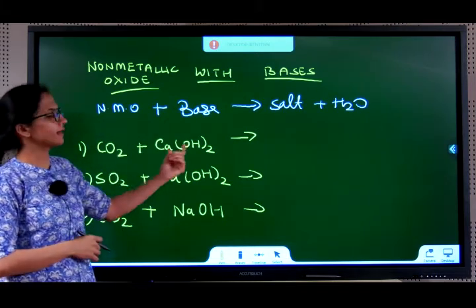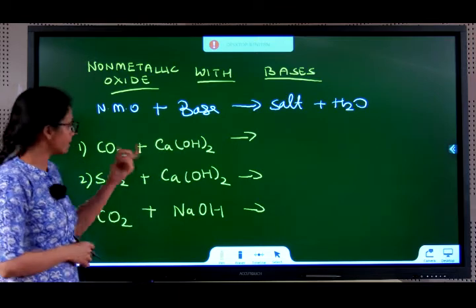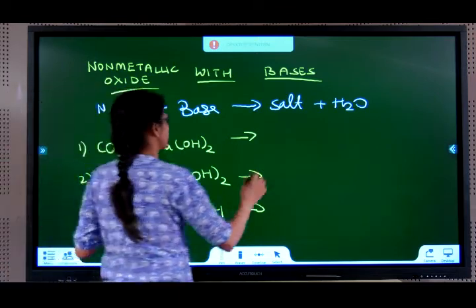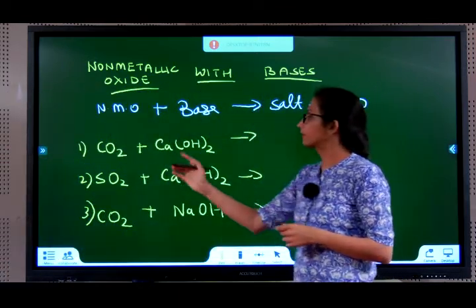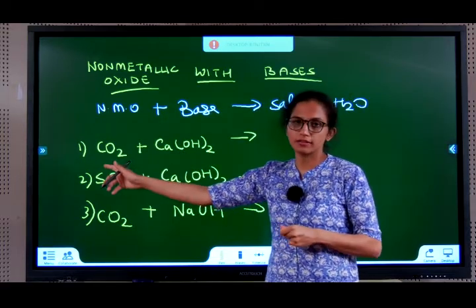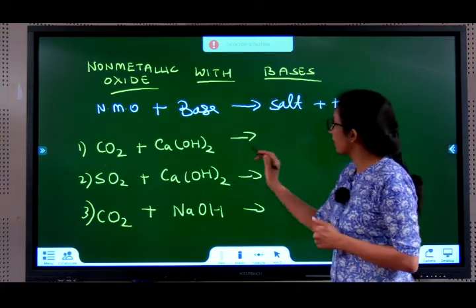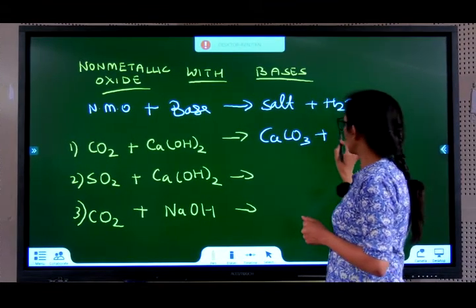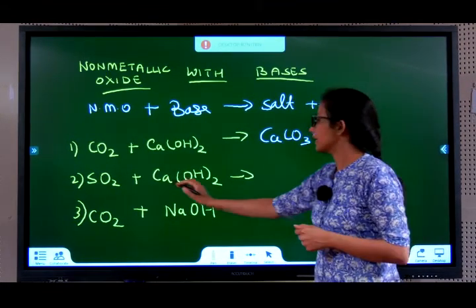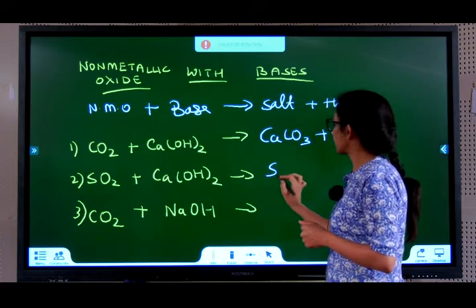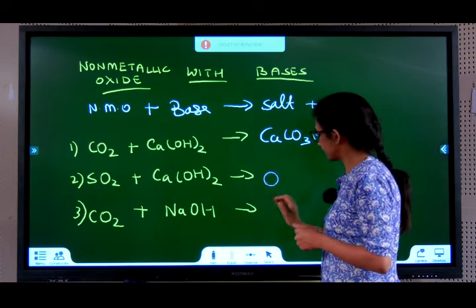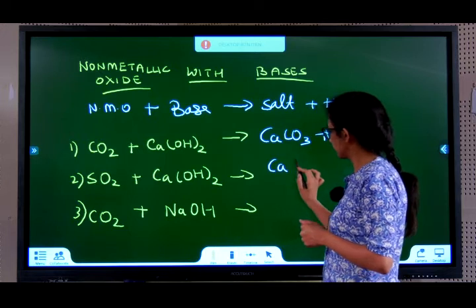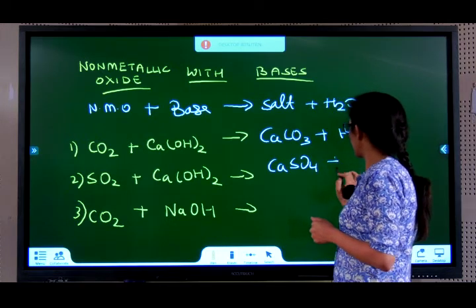Carbon dioxide reacts with calcium hydroxide base to give us what? Which is the possible salt here? From here calcium will come, so from here the negative radical has to come, so that will be calcium carbonate, along with that water. Calcium sulfite, along with that water.